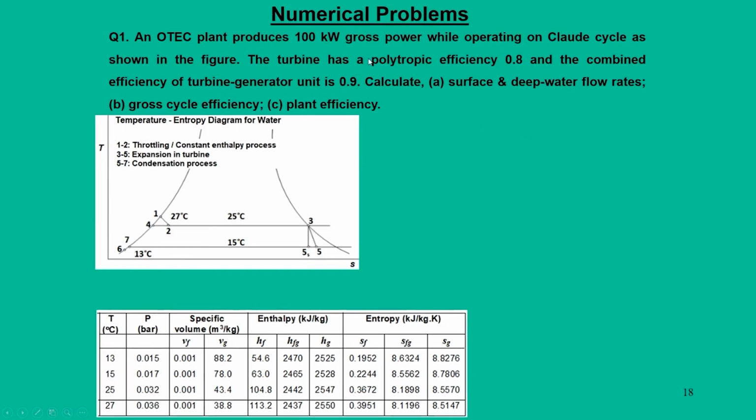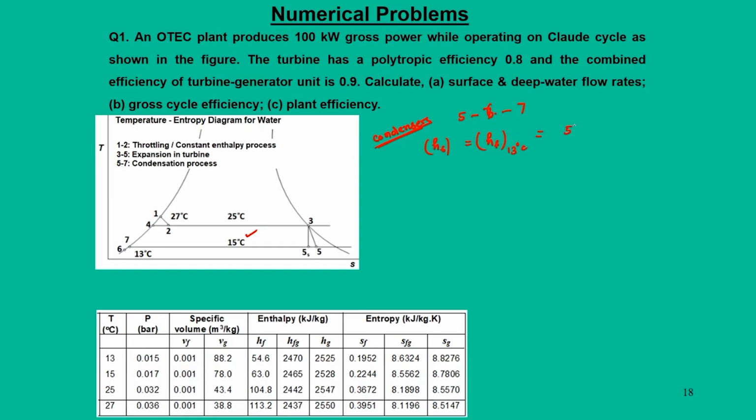But before we do that, we also need to do analysis for the condenser. So, condenser process is from 5 to 7, that is 5, 6, 7, condenser and cooling water systems. Now, this temperature is known, cooling water state 6 is known. So, we can say H6 is equal to HF at 13 degree centigrade.